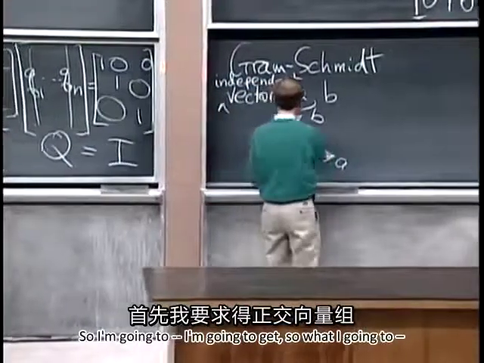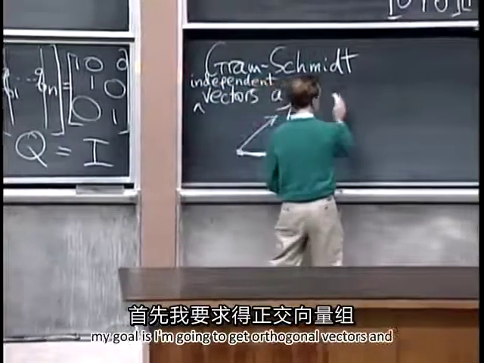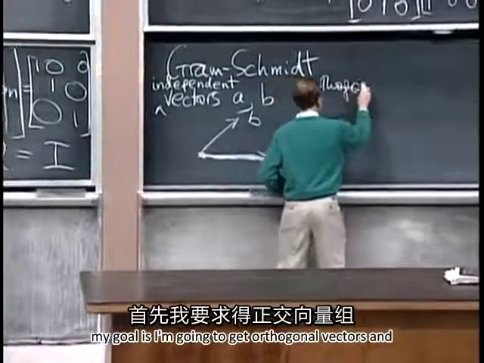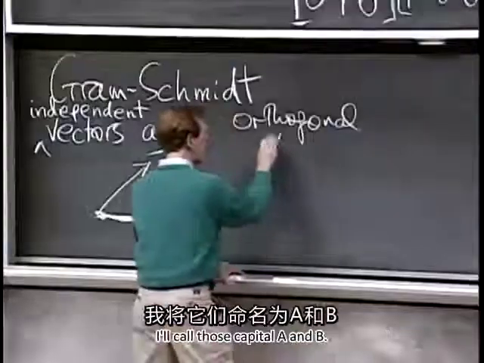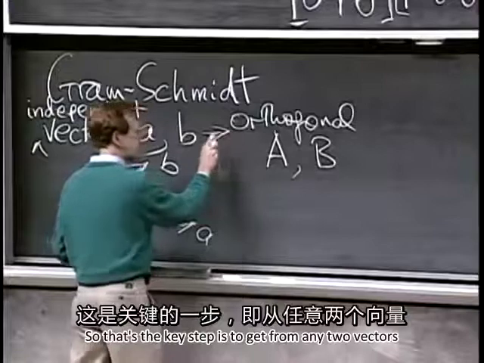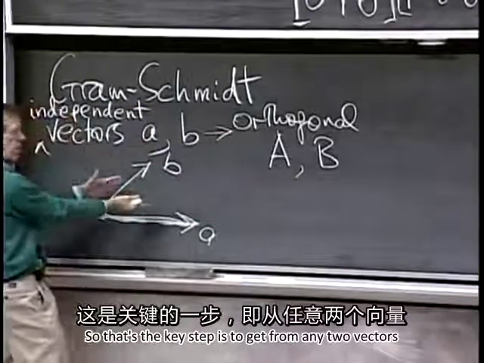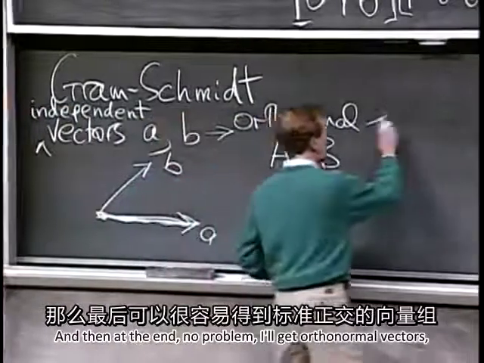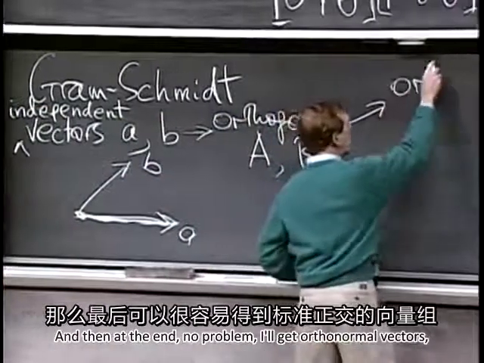So my goal is to get orthogonal vectors, and I'll call those capital A and B. So that's the key step, to get from any two vectors to two orthogonal vectors. And then, at the end, no problem, I'll get orthonormal vectors.